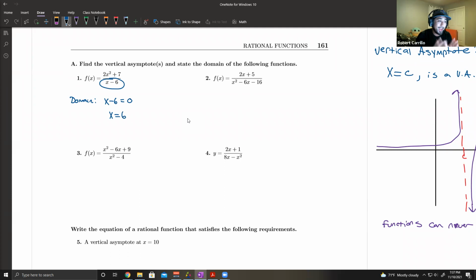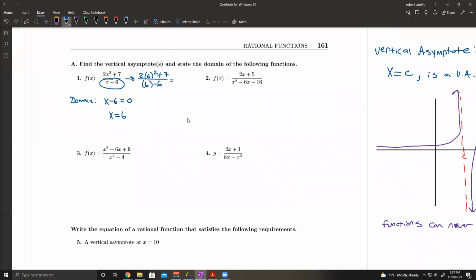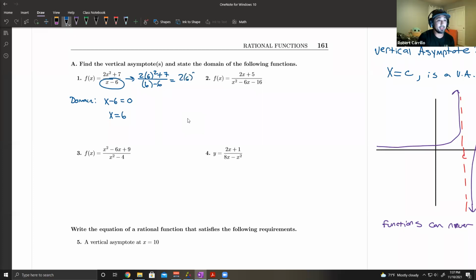But what happens to this function if I plug in 6? The denominator will become 0. And if I have 0 in my denominator, the function becomes what?